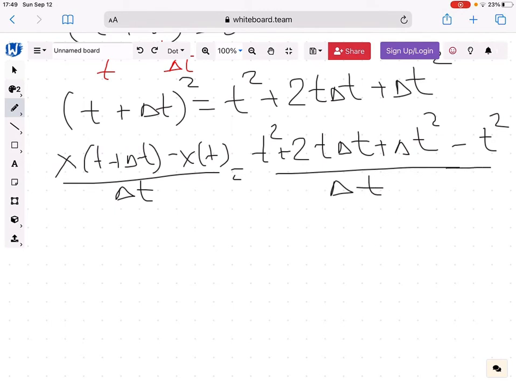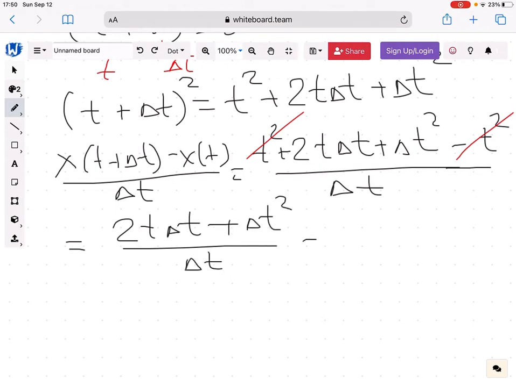All right. Well, we see that t squared and minus t squared go away. What's left is 2t delta t plus delta t squared divided by delta t. To calculate that, we divide both of those terms in the numerator by delta t, and we get 2t plus delta t.